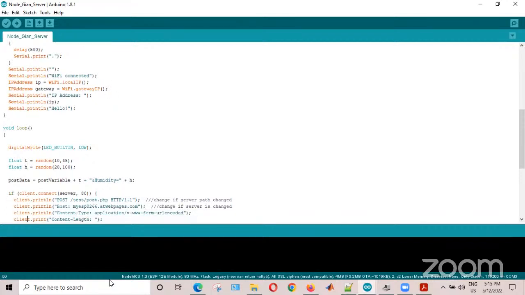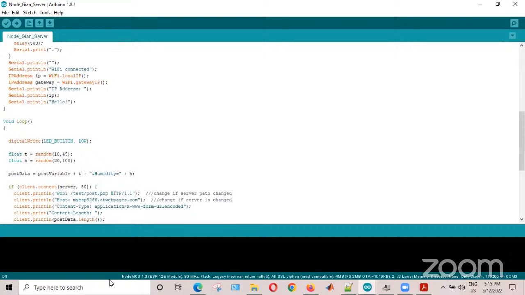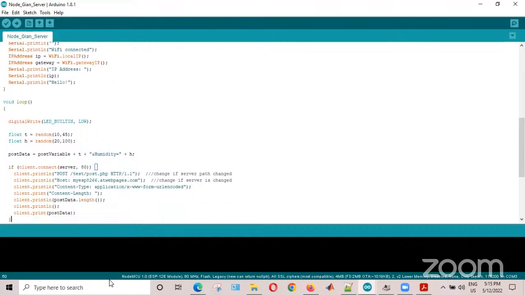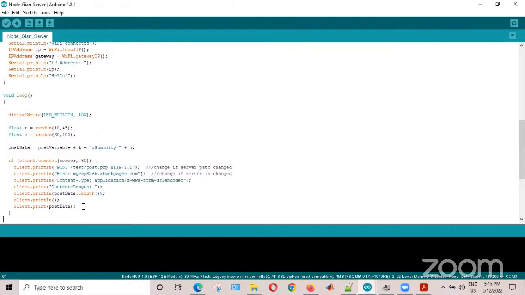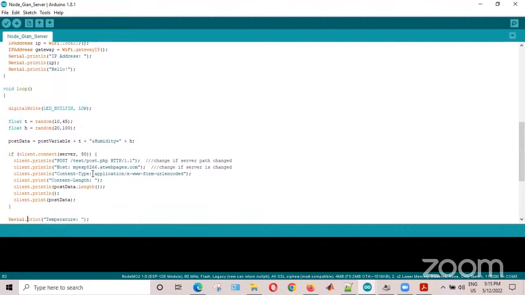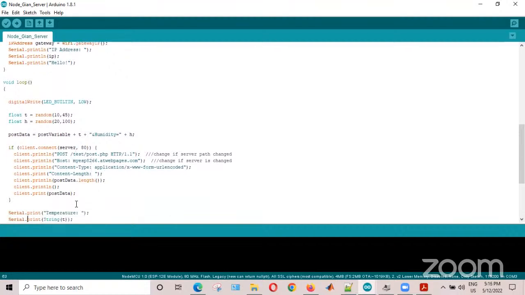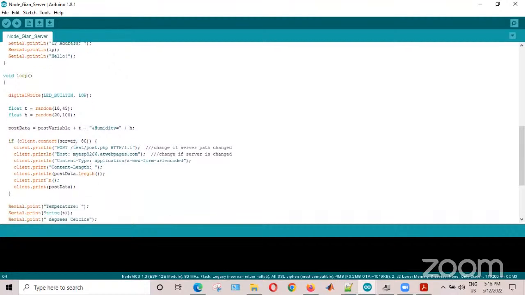Now it is creating a POST request for the server, and in this POST request, it is inserting all the data that we are creating over here. After the POST request is created, it is printing this request to the server.